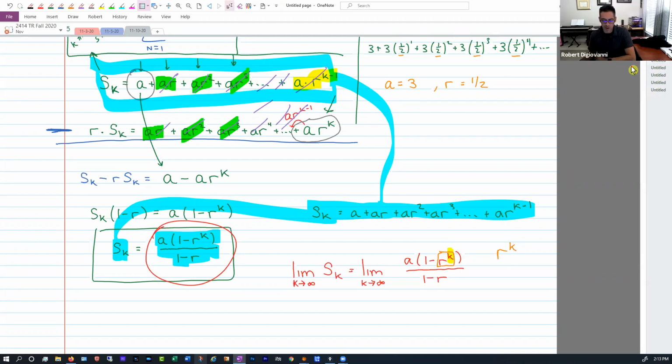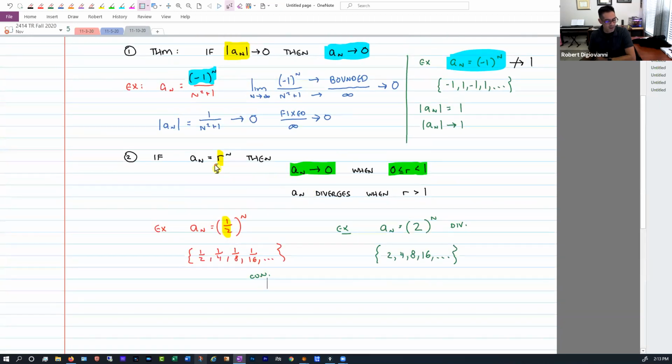Yeah, so this is what I started class with today. Remember this? I said, let's say we have something that looks like r to the n, and I let n go to infinity. Then this thing will go to 0 whenever r is less than 1, between 0 and 1. But it will blow up and become divergent if r is bigger than 1.